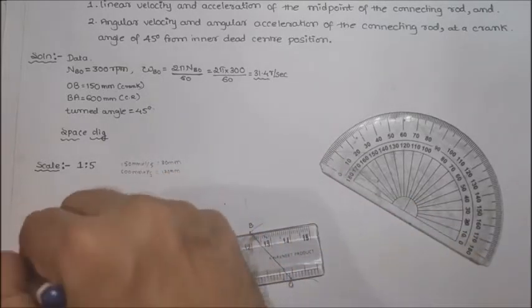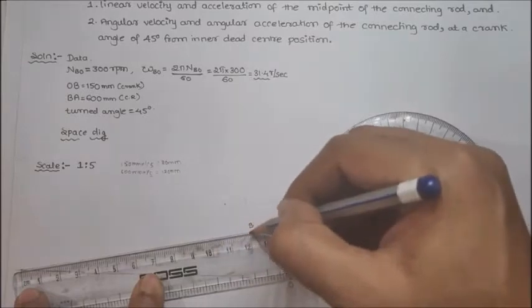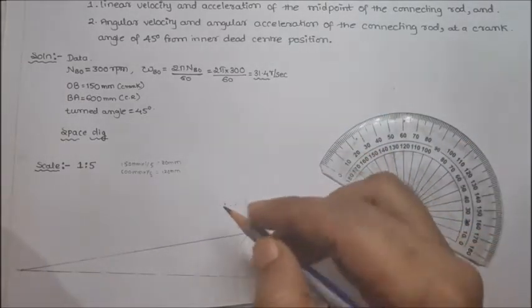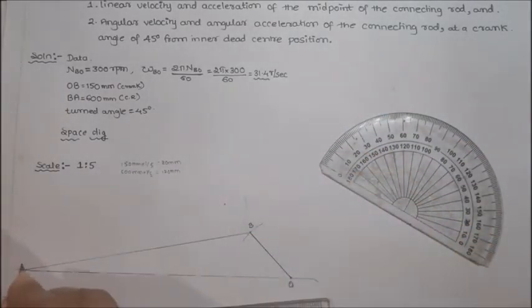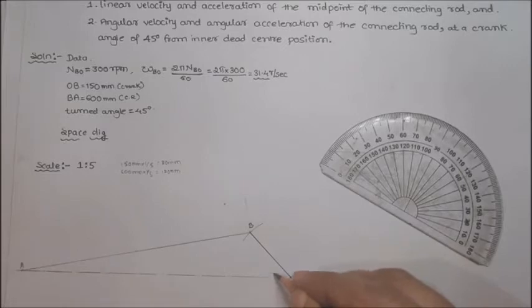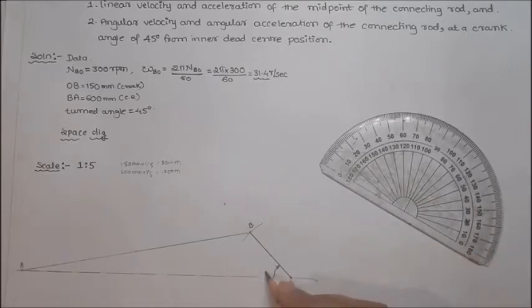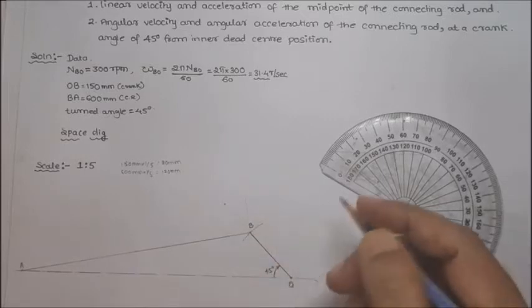It will be here. From there join one line. So this is point A, and this is our 45-degree line. This is point B.